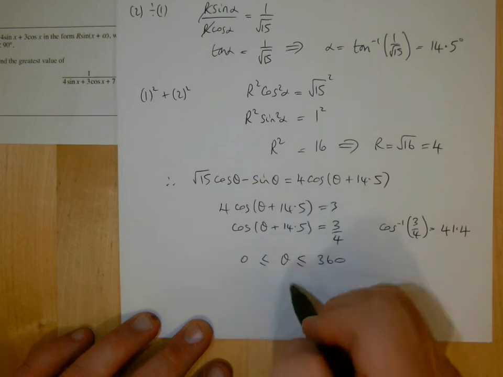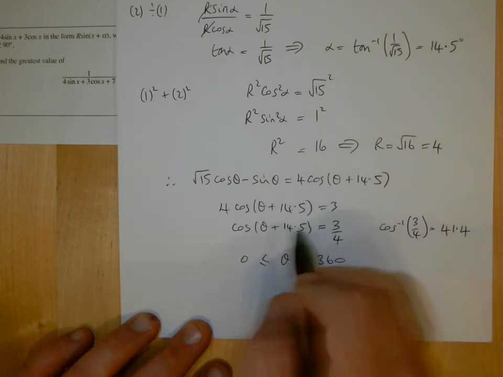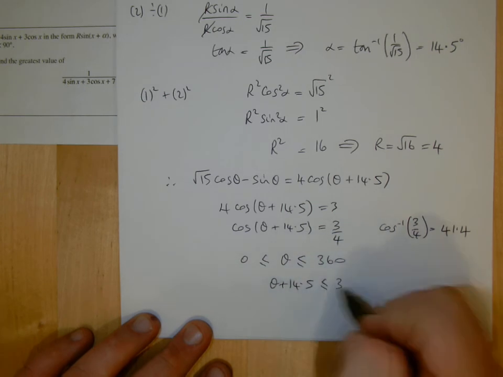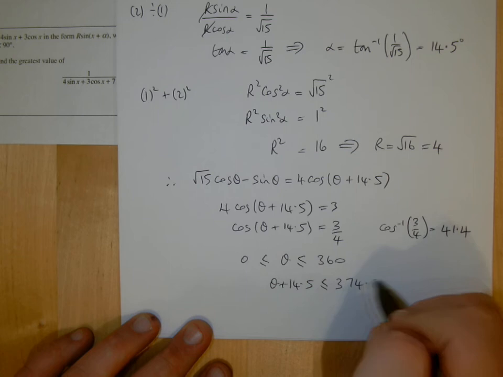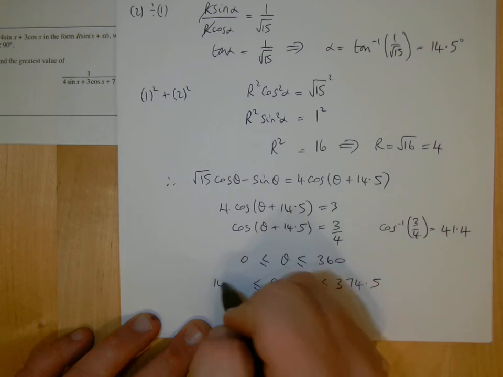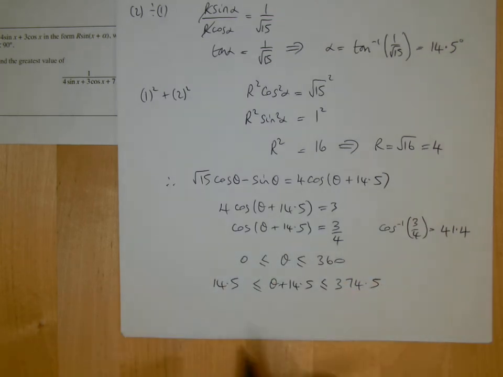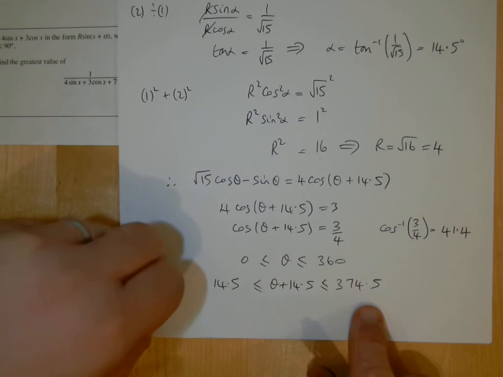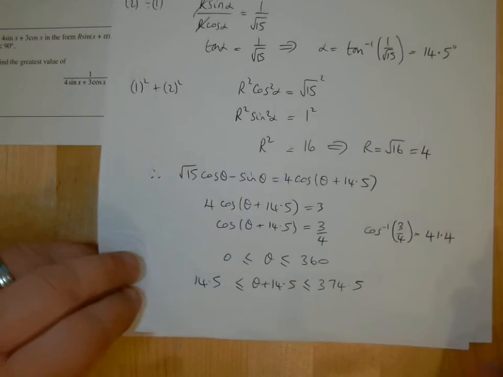We've got to adjust our range now, because the solution we've got here is for theta plus 14.5. So we add that on, and we add it on there. So our solutions need to be found in that range of the graph there. So I'm going to draw from 0 degrees, and I'll go to 450, so I'll include everything there.